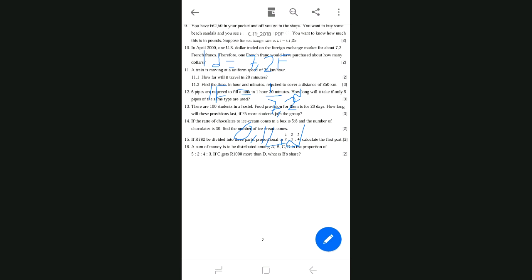The next one says this. A train is moving at a uniform speed of 75 kilometers per hour. How far will it travel in 20 minutes?